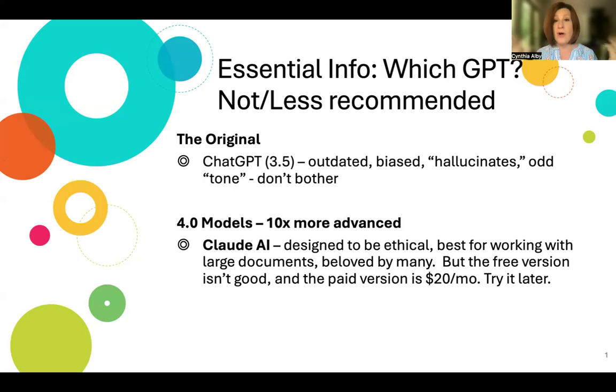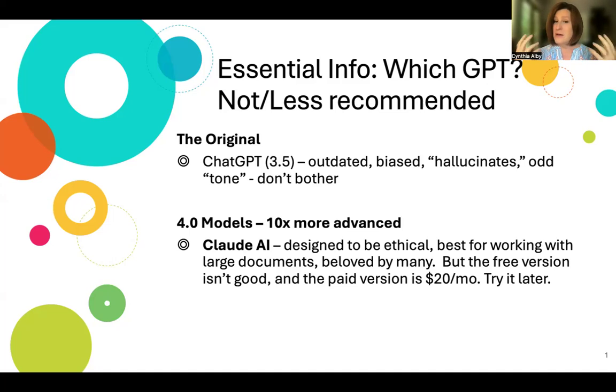It's not the word for all of these. The word for all of these would be just GPT. So anyway, ChatGPT, the original, really bad. It's outdated, it's biased, it hallucinates, which means it just makes up a lot of stuff. And it has an odd tone when it writes. Do not bother with it. Do not use it anymore. And if you would, tell everyone you know not to use it anymore.